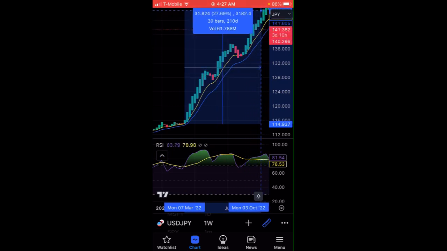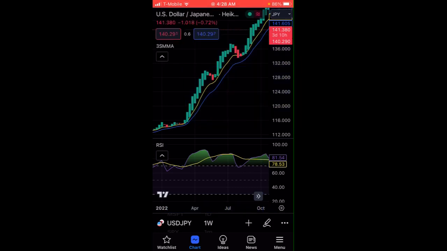This one would have been 217 days, there would have been a difference of 31,000 pips. It was a 31,000 pip move. So if you had $1 lot size right there, you would have made close to $32,000 right there. That is a big move right there.